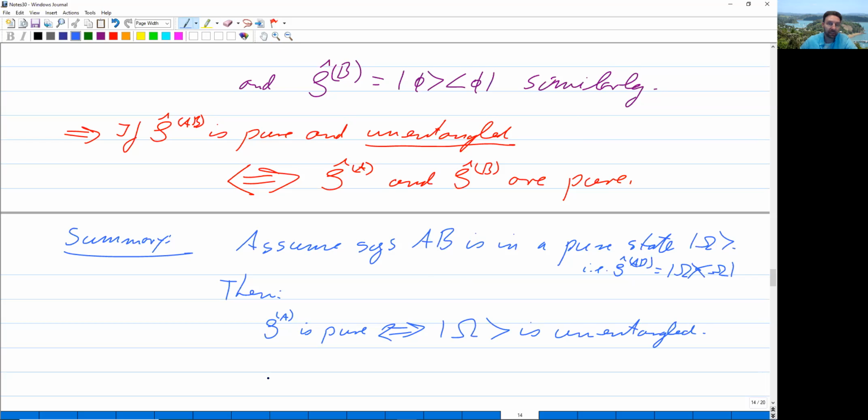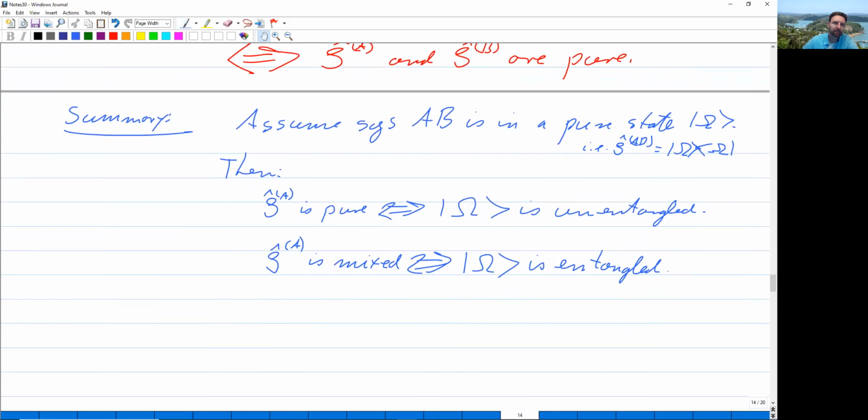And this also means that if rho hat A is mixed, then that's so if and only if the big system is in an entangled state. So let's keep that in mind.